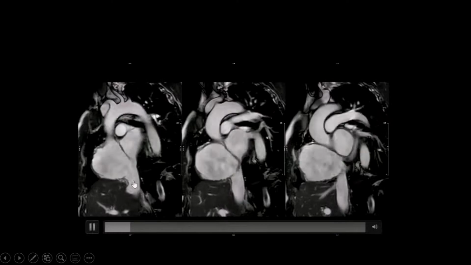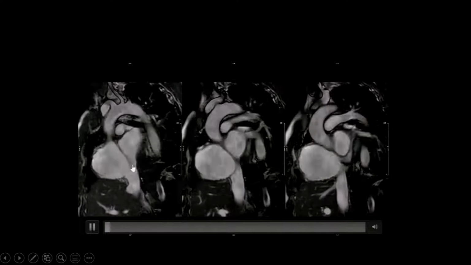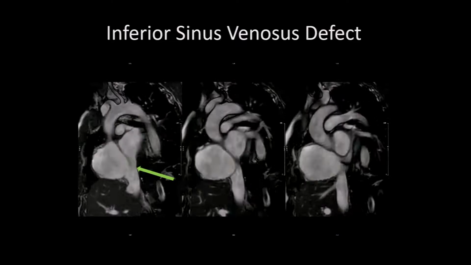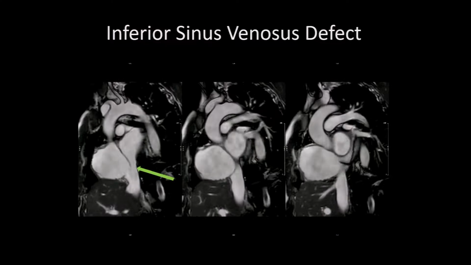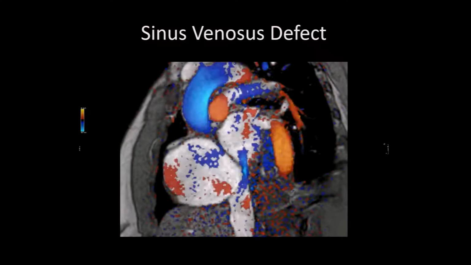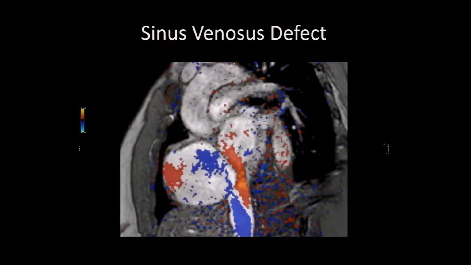And as you can see, if you follow this, there is here an inferior sinus venosus defect right there. That was probably not seen at the time of surgery back in the 70s. Right now, at least at this institution, every patient with congenital heart disease that is going to the OR undergoes cross-sectional imaging for surgical planning and to make sure that we don't have any associated defects.